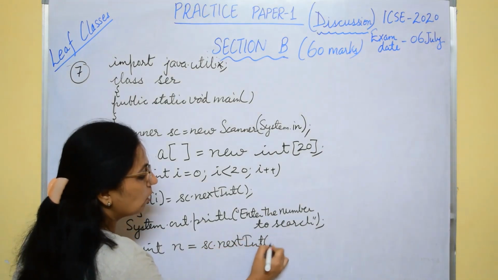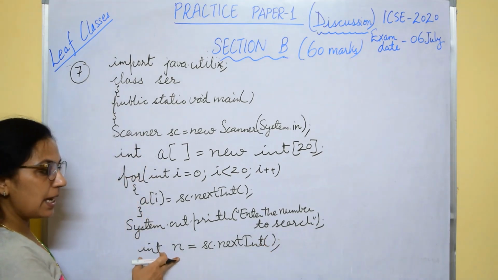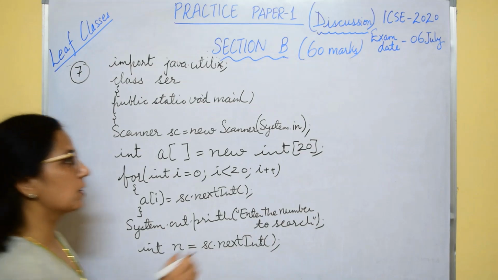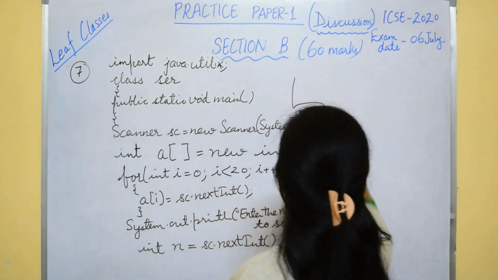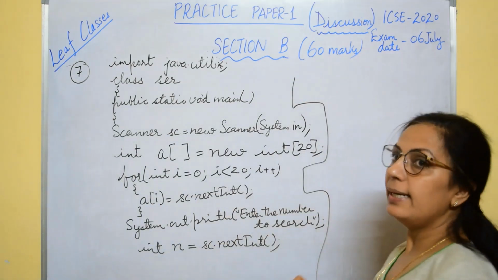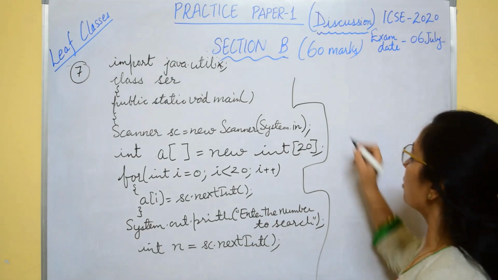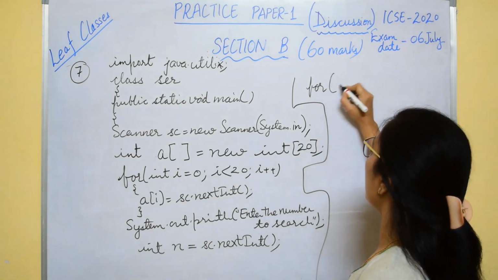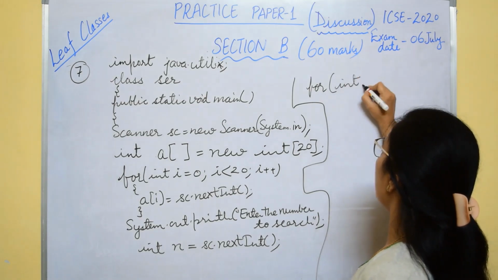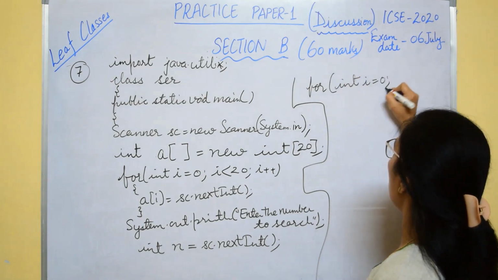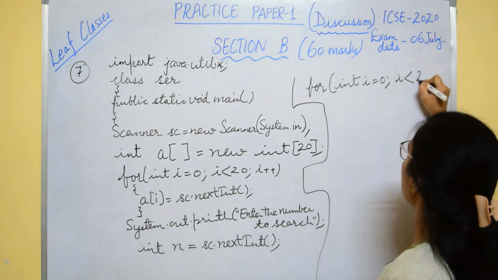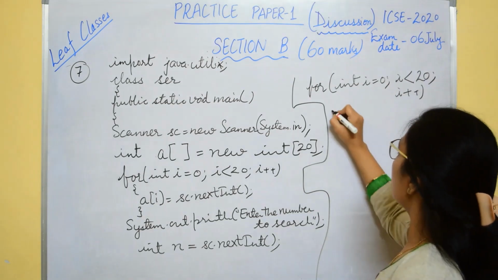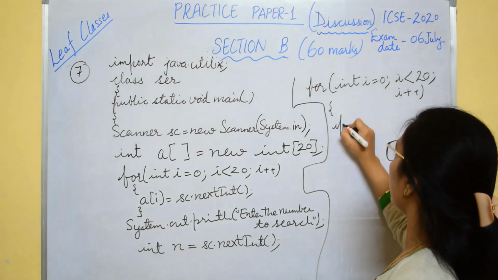Now we want to check whether this n element is present in array A or not. For that, as per the question, we have to use linear search technique. So linear search technique, we start from the beginning, int i equals to 0, i less than size, i plus plus, and you will keep on comparing.